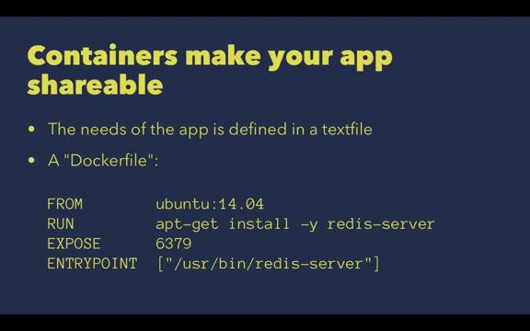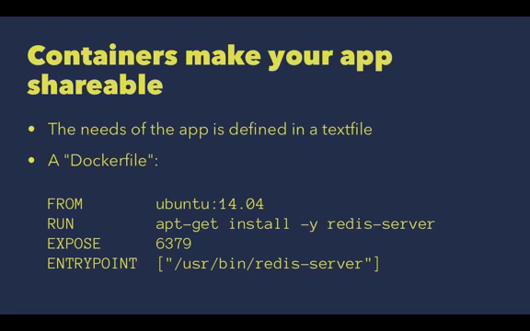When you look at a container in a Dockerized format, it makes your application very shareable. The entire needs of an application is defined in a text file called a Dockerfile. You can see an example here. A Dockerfile is very, very simple and actually easy to read even though you don't know Docker. This is an example Dockerfile where we build a container based on the binaries and libraries that you get from an Ubuntu distribution.